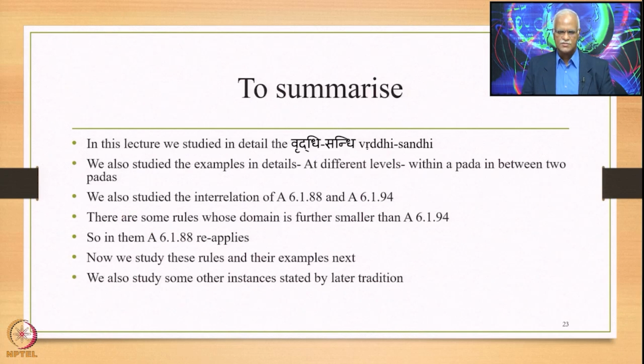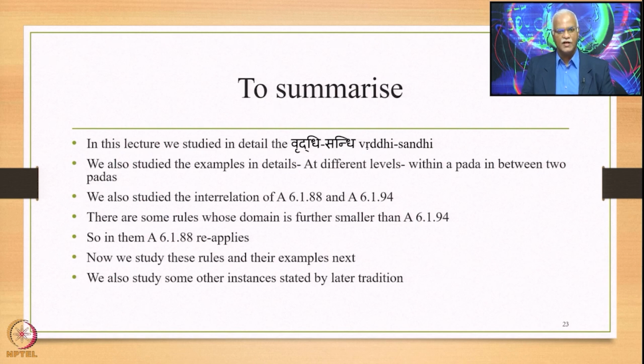To summarize, in this lecture we studied in detail the Vriddhi Sandhi. We studied the sutra. We also studied the meaning of the sutra with the help of the words that are continued. We also applied the Uddeshya Vidheya Bhava and Anudit Savarnasya Cha Pratyayaha.